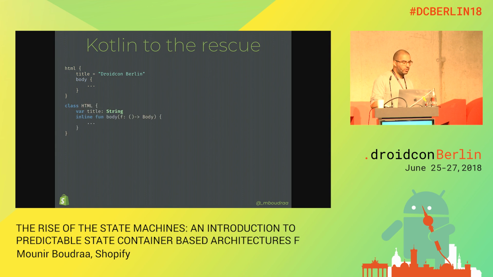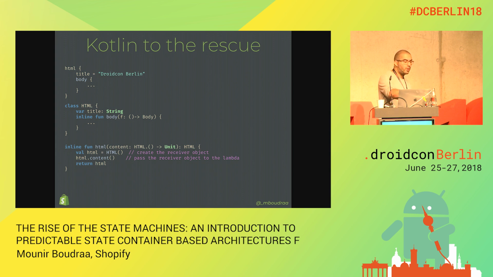How do we do that? We create a class HTML with a title property and a function body that takes a function as another parameter, which means body will take a function that allows you to create the body, and the lambda after. In this case, to have the HTML at the beginning, we create a function HTML that takes a function as a parameter, which is an extension of HTML.